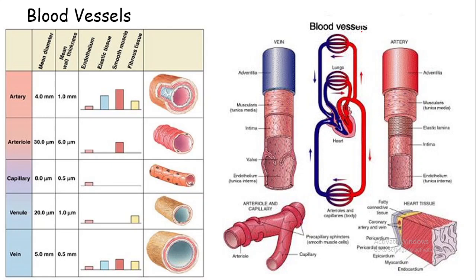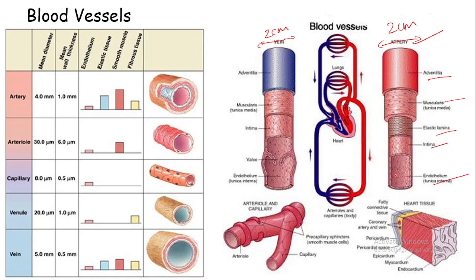Yeah. So we have artery. Okay, we shall just look at the differences. If it is 2 centimeters, let us just consider 2 centimeters as the diameter of both of the blood vessels. For example, this is just the layers that have been named: adventitia, muscularis, elastic lamina, intima, endothelium.